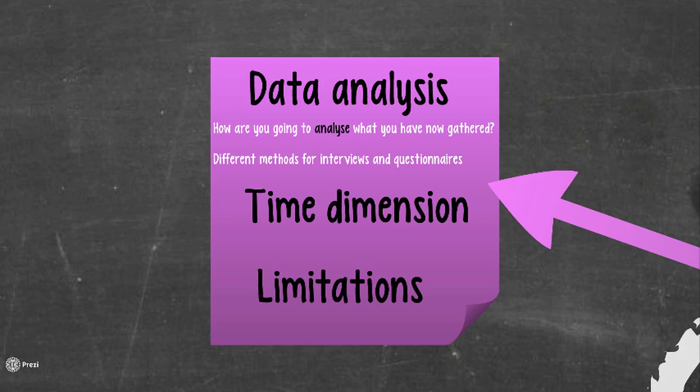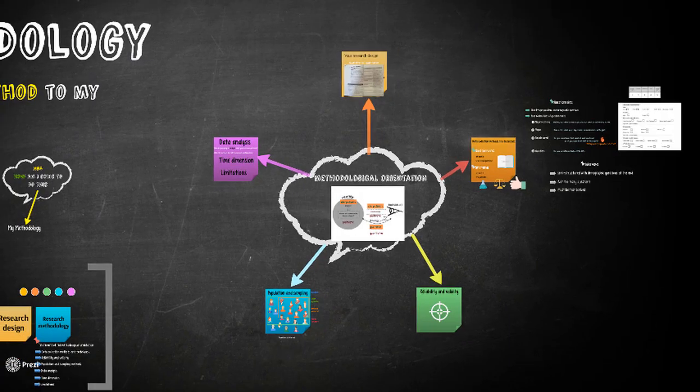Now, please bear in mind that all of the decisions that you took in terms of the design, the data collection methods, reliability, validity, population and sampling, etc., have an implication on the limitations of your study. For example, if you did not employ a sampling method that allows for it, generalization might not be possible in your study, and this might be a limitation of the study as a whole.